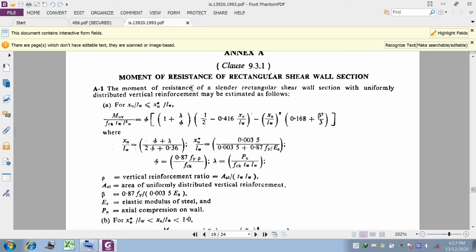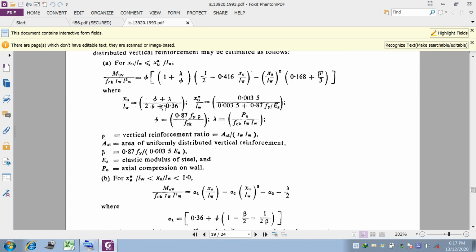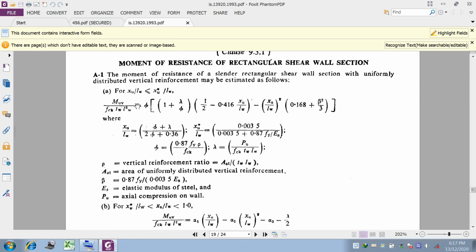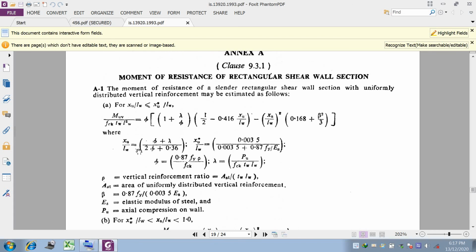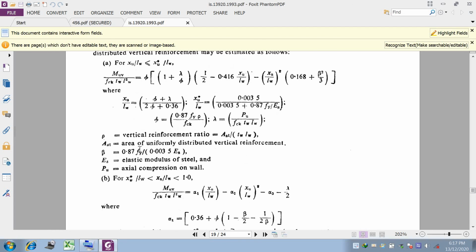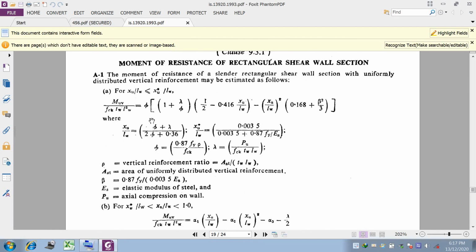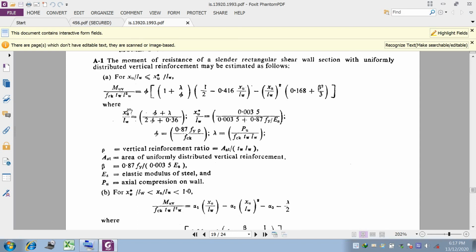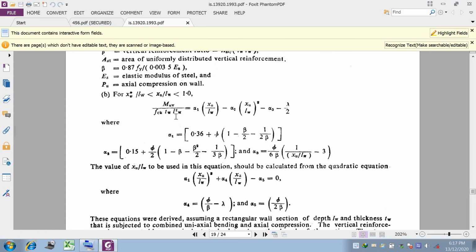By using these conditions we can adopt one formula. I think two formulas are available here. Based on that we can go for the various conditions, put in the various values as per our requirement, and calculate the moment of resistance of a rectangular wall. So these are the requirements.